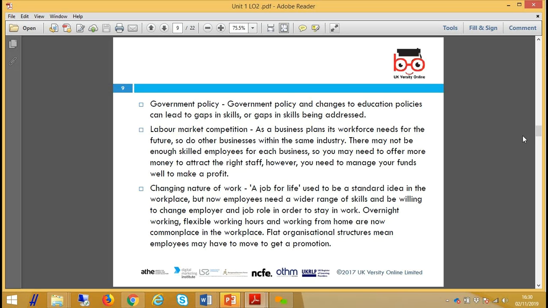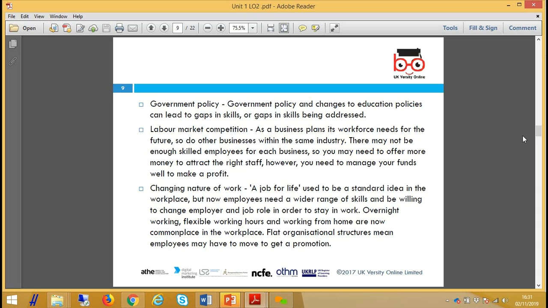So for instance, if you are making a certain product and they put an export ban or import ban on that product, or if some countries increase taxation or import duties or export duties or whatever, it's going to affect your cost of production or ability to produce or sell. This may mean you either have to pass on the increased cost to the final consumer, or if the final consumer is not willing to pay the extra cost, then you may need to cut back production, which may mean you need to cut back some of your workforce and lay some of them off.